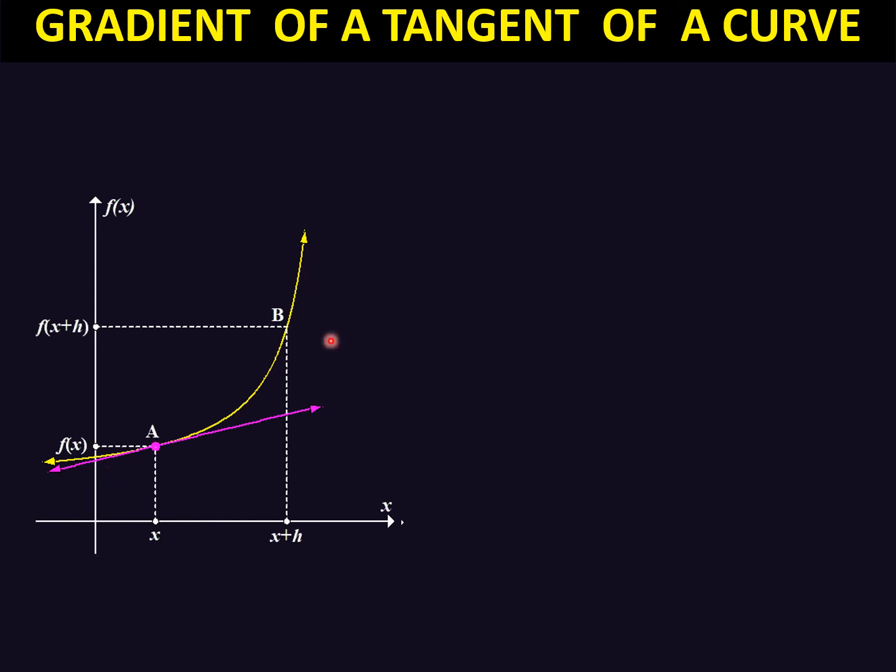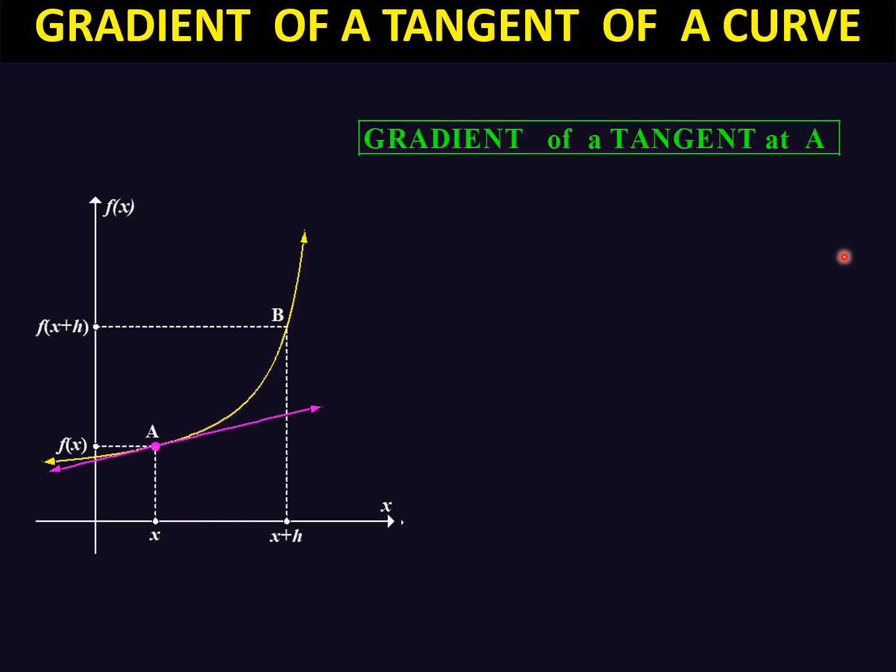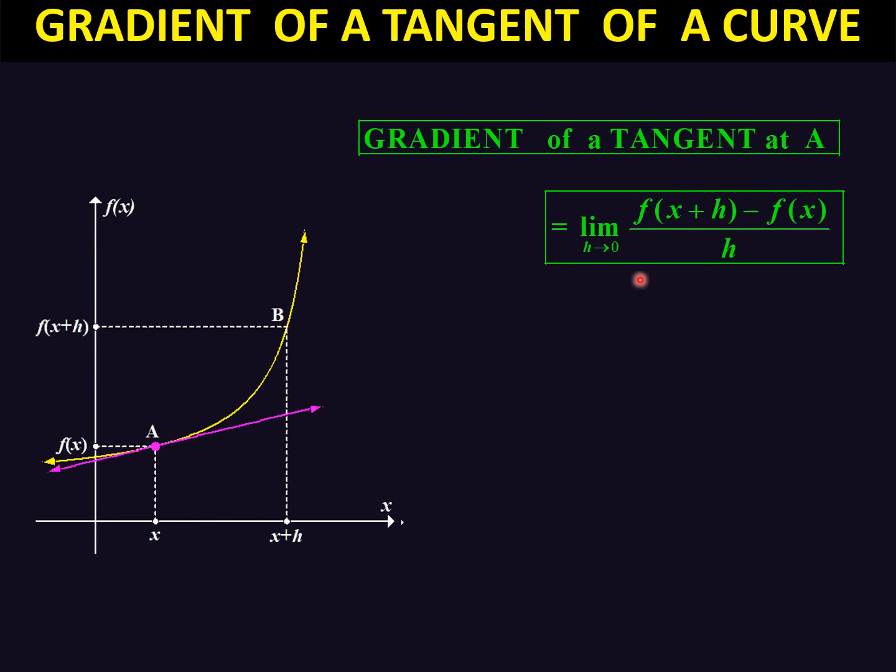So how did we develop that? We took Newton's quotient. But what was the denominator of Newton's quotient? That's right, h. So if we let h tend to 0, or h approaches 0, we find the limit as h approaches 0 of Newton's quotient. And this here is the gradient of a tangent at a specific point.